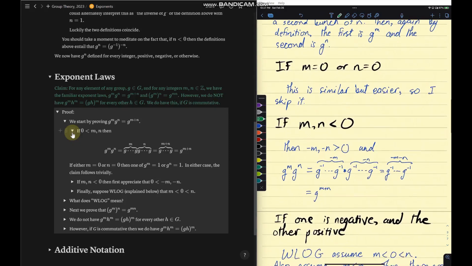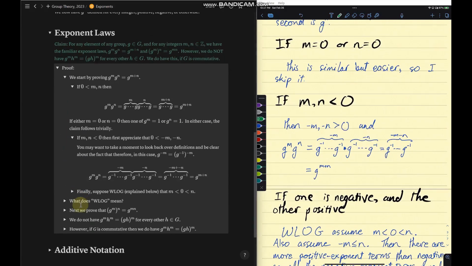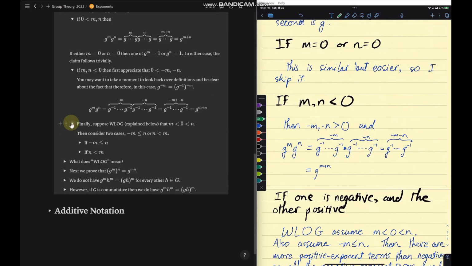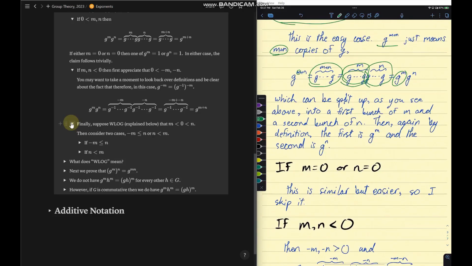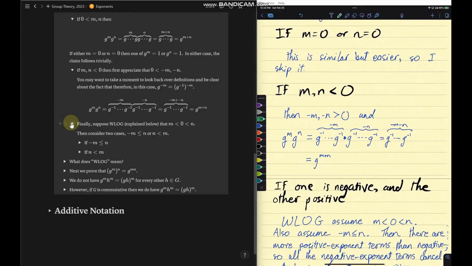Okay, moving on to the case when either m or n is equal to 0. This is even easier, because one of these being 0 means g to the m plus n simplifies immediately down to either g to the m or g to the n, and then that is also what you get on the other side by a very simple argument. So anyway, I leave most of that to the viewer to fill in.